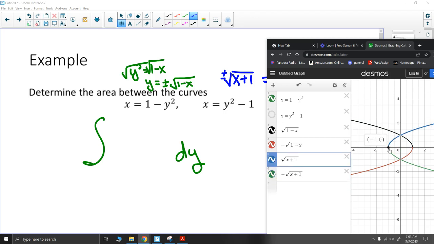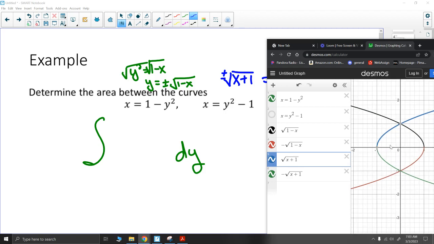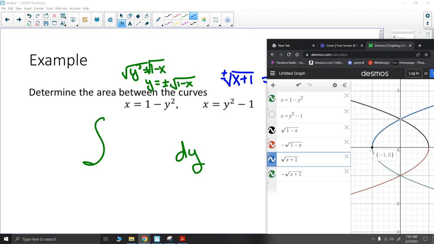So if we were doing this with respect to x, we'd basically have to integrate from -1 to 0 here and find this region with respect to the x-axis, and then we'd have to integrate this one from -1 to 0 to find this one here, and then same thing here and here. So we'd basically have to do it in like 4 groups potentially.